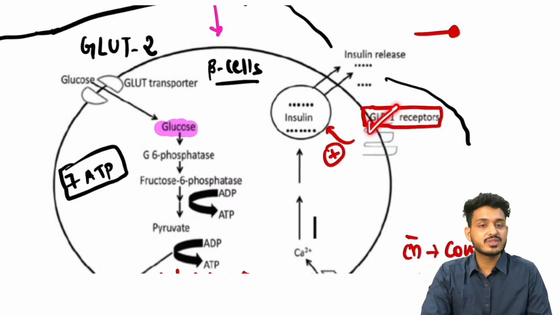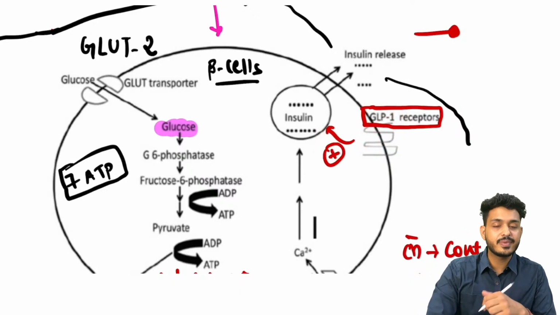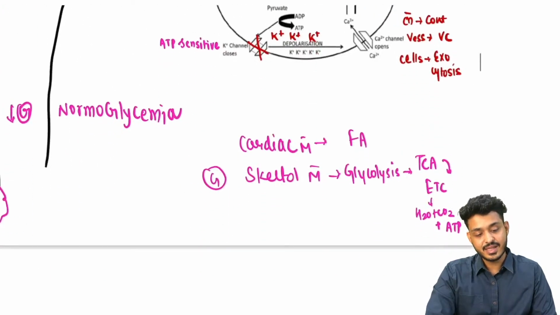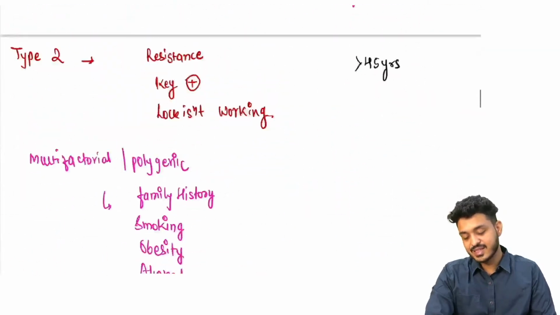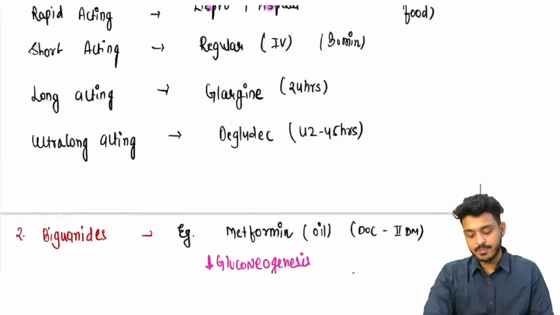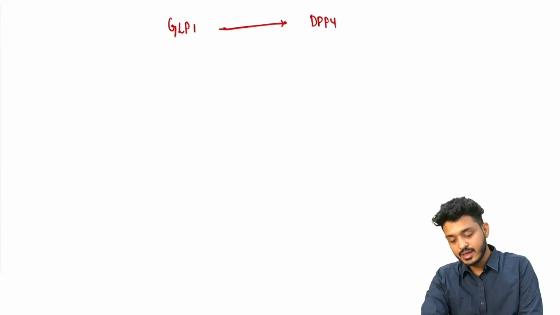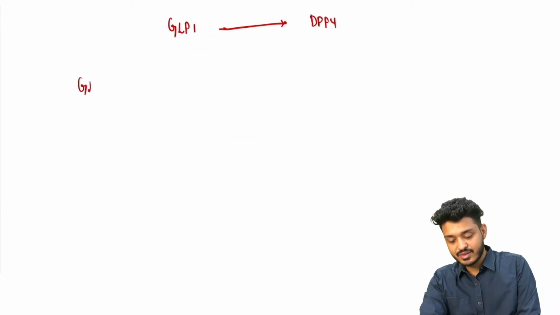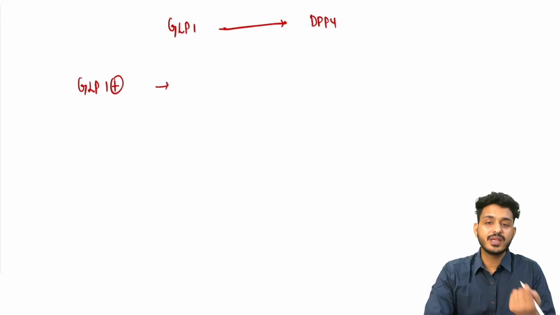So can I give something which is going to increase the GLP-1? Yes. Can we use these drugs? Yes, sir. These are the drugs known as GLP-1 agonists. Remember, this is going to be a peptide drug.